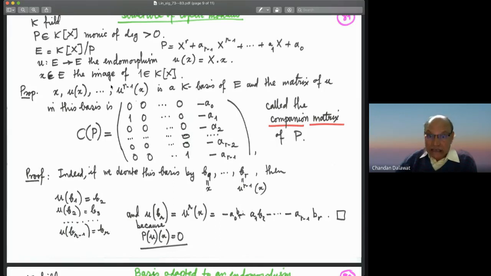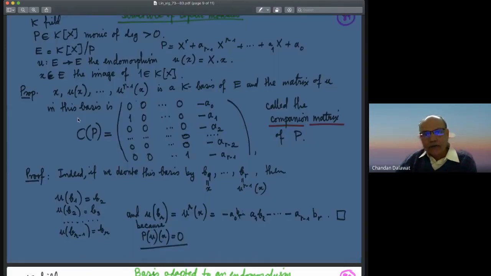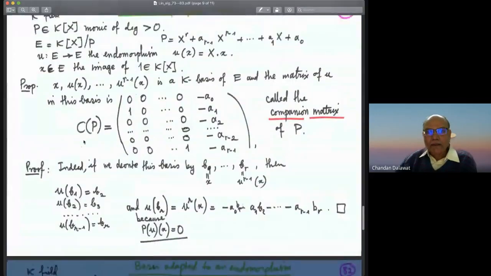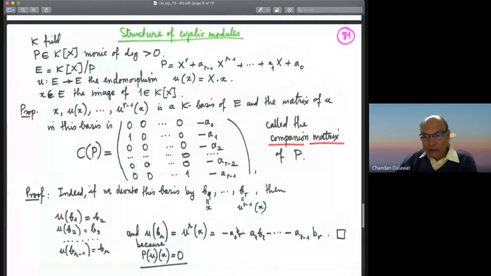The matrix in this basis is this matrix, where you have ones just below the diagonal.